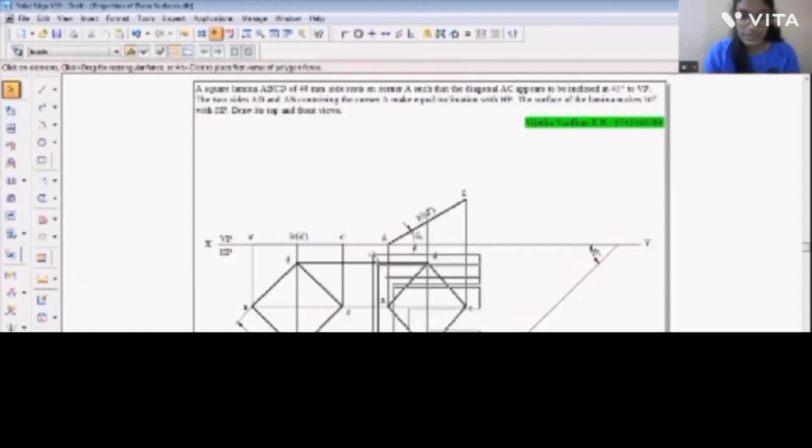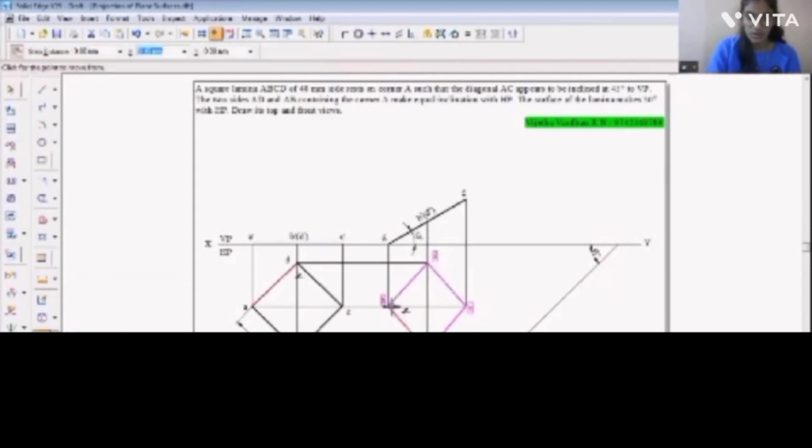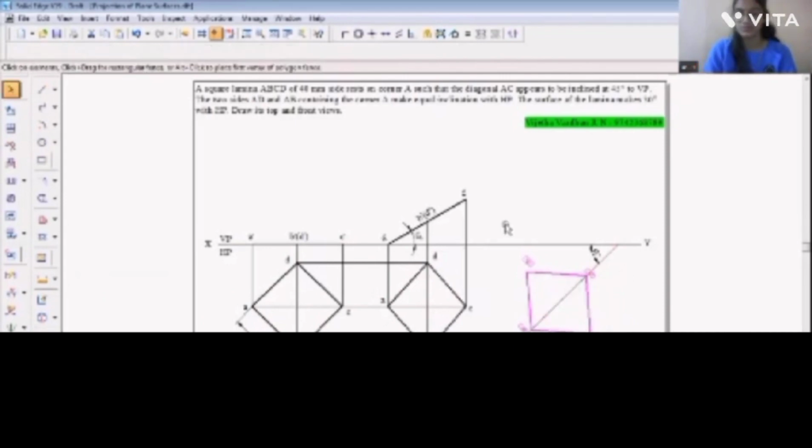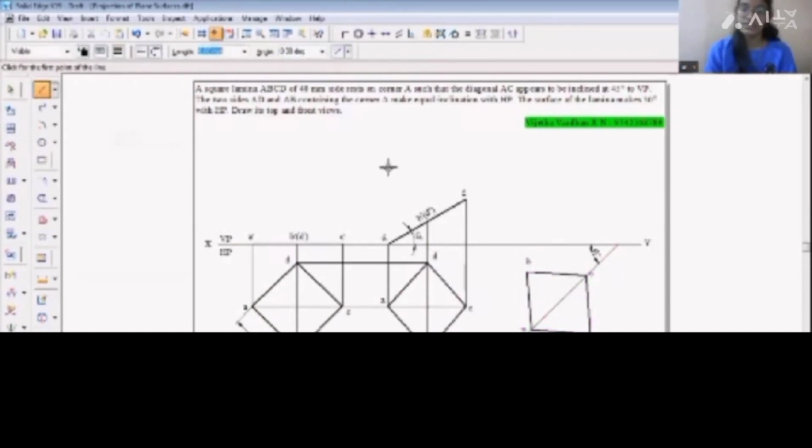Let's select it now and move it in such a way that AC must be inclined to VP, as it's the diagonal which we have named according to the question. We will rotate and place it according to the question. Now, the inclination of the diagonal to VP is done.